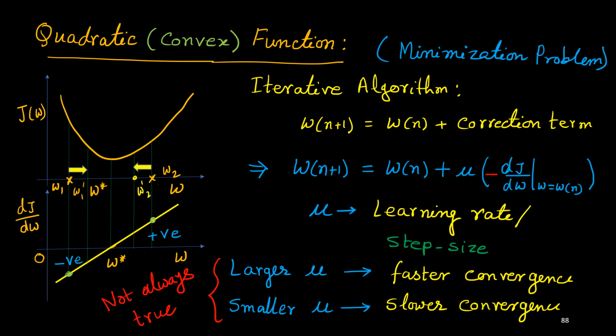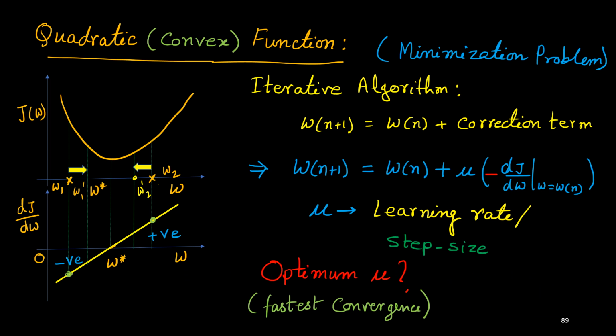If we make mu too large, then it may affect the algorithm. The algorithm may diverge. There should be some upper bound on mu. So we'll consider all those things. Then the question is, what is the optimum value of this mu, for the fastest convergence? Those things will be discussed later. We'll go for the optimum mu while we discuss higher dimensional cost functions.